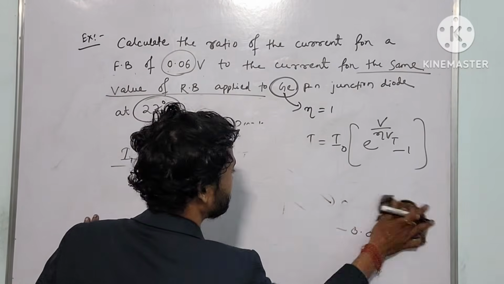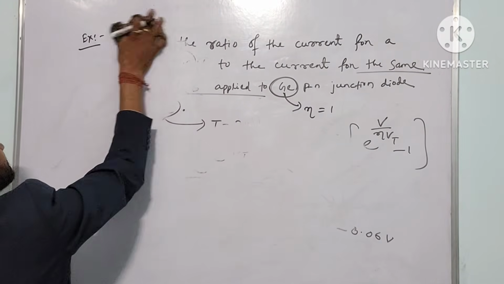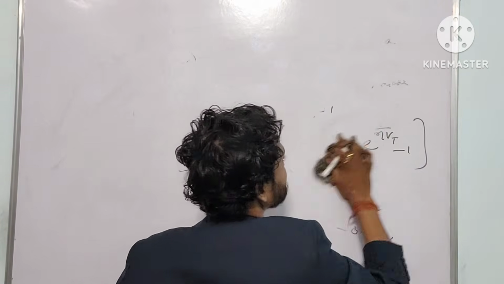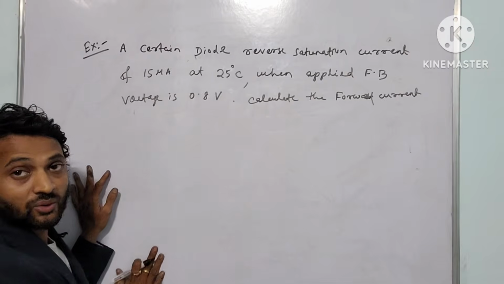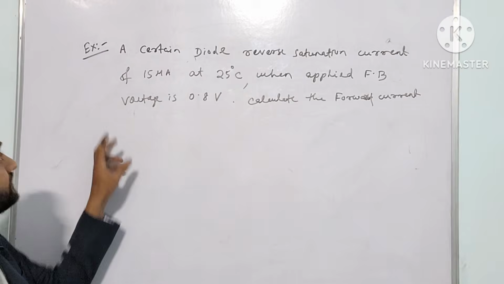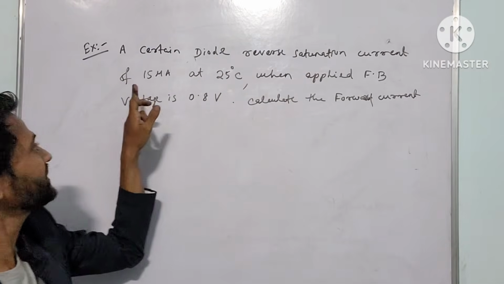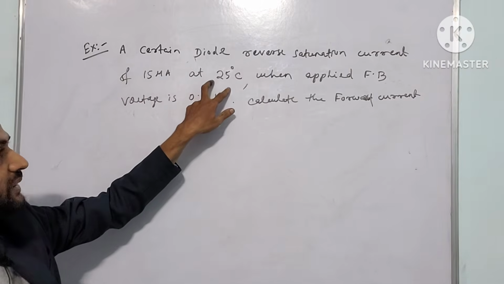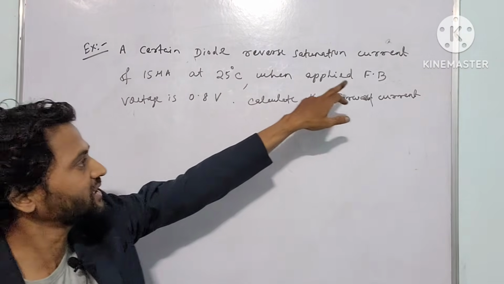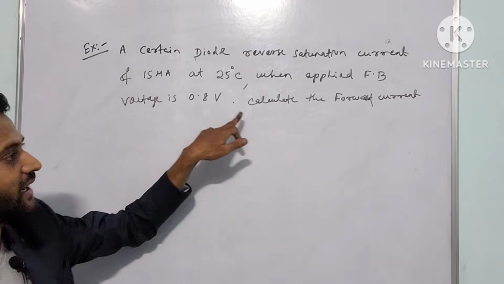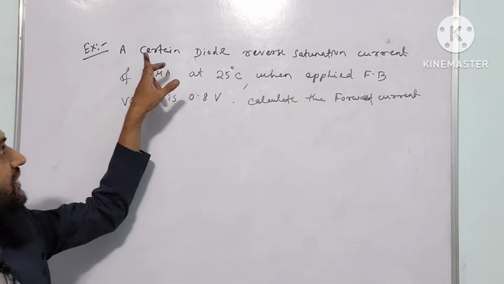Let us do one more question. Okay, look at this question. A certain diode has reverse saturation current of 15 microampere at 25 degrees Celsius. When forward biased voltage of 0.8 volt is applied, calculate the forward current. I repeat it again.